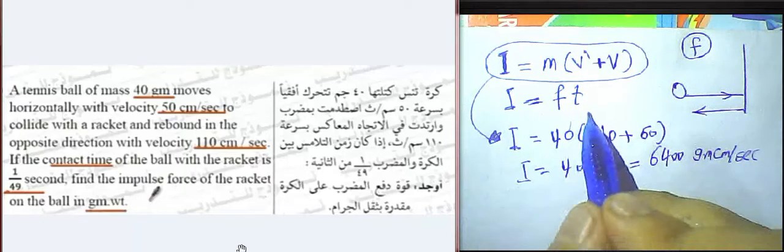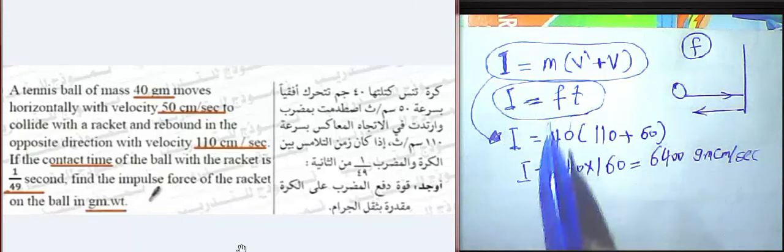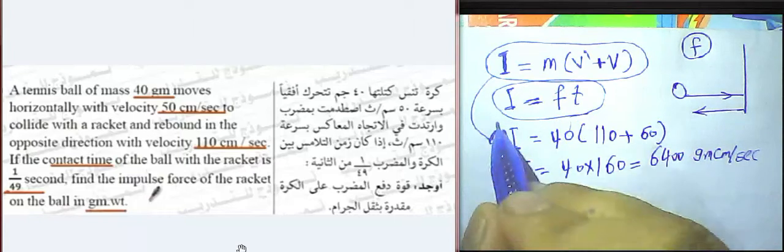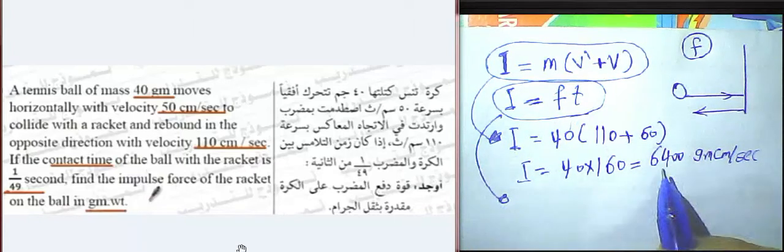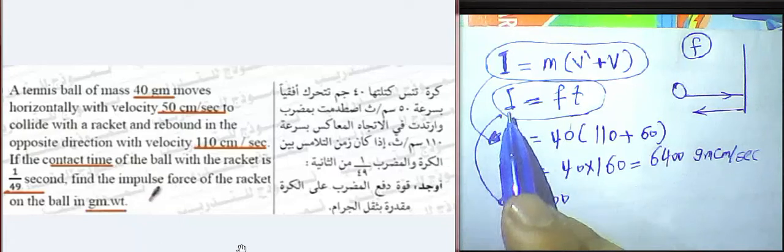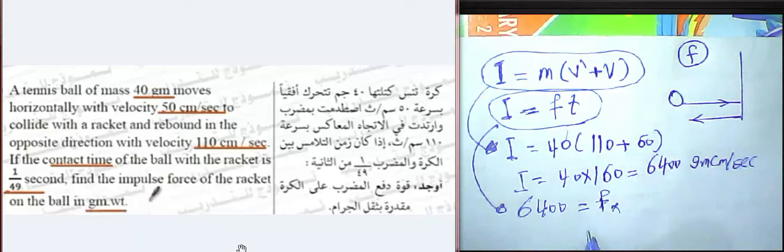And then you can use this relation between impulse and the force, and we have the time. Then you can write here 6,400, it was the impulse equal the force multiplied by t.